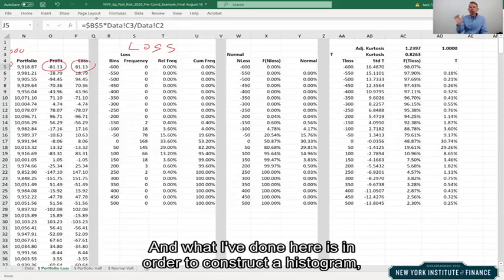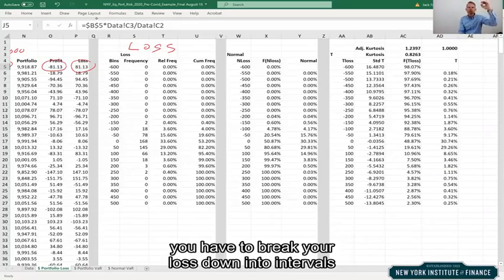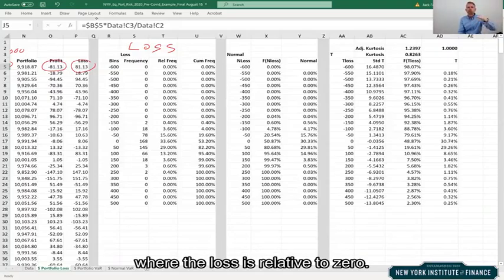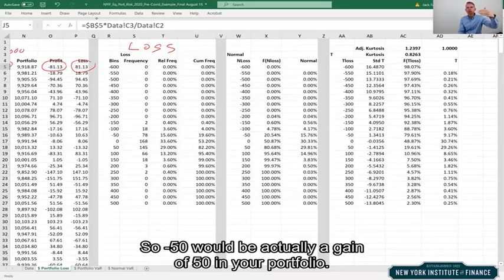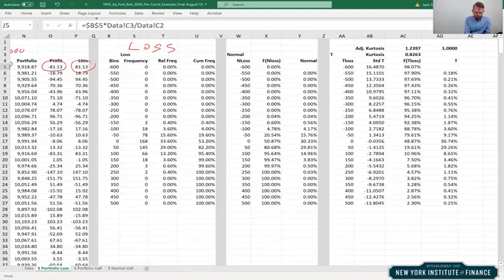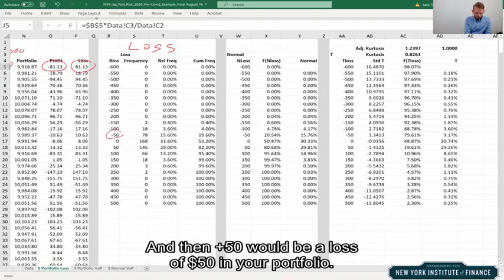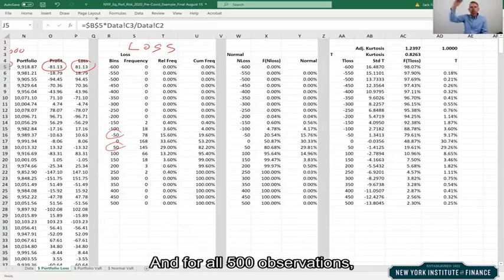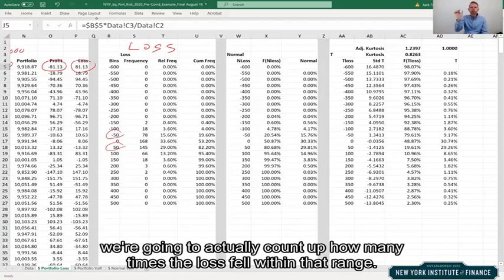And what I've done here is, in order to construct a histogram, you have to break your loss down into intervals where the loss is relative to 0. So minus 50 would be actually a gain of 50 in your portfolio. And then plus 50 would be a loss of $50 in your portfolio. And for all 500 observations, we're going to actually count up how many times the loss fell within that range.